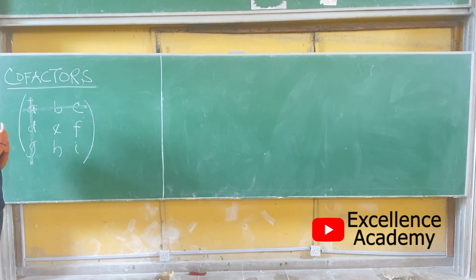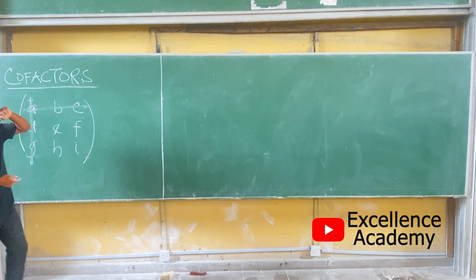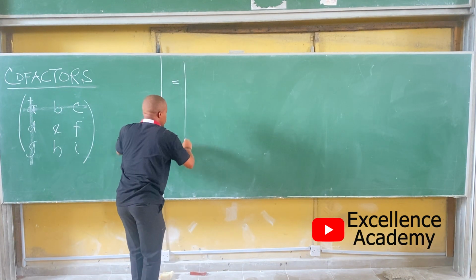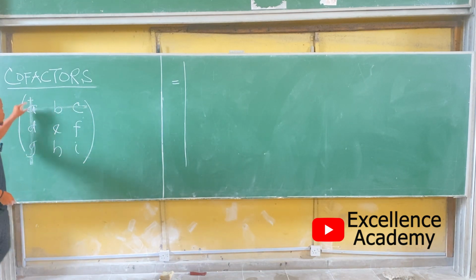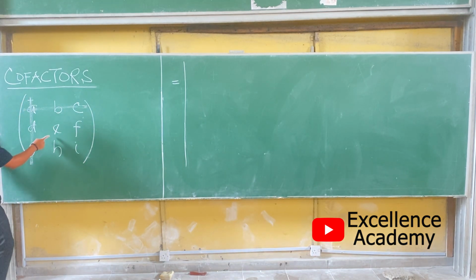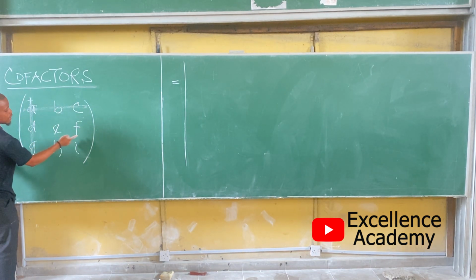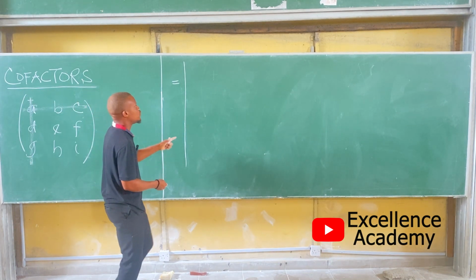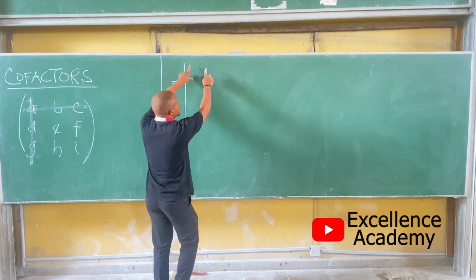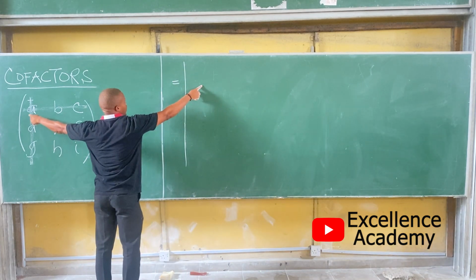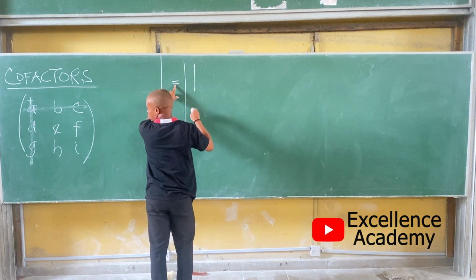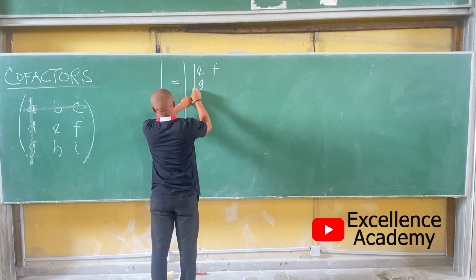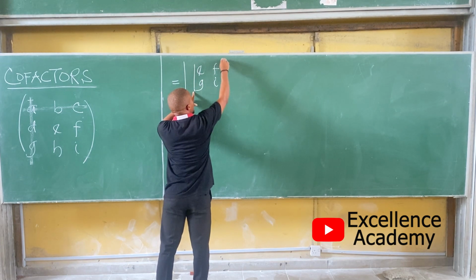Now for our resulting cofactor, I should have something that looks like this. Since I blocked this and we have a plus there, I'm having the elements E, F, H, and I. I'll create a 2 by 2 determinant for it, for the first position, the first element there, A. So I'm having E, F, G, and I.